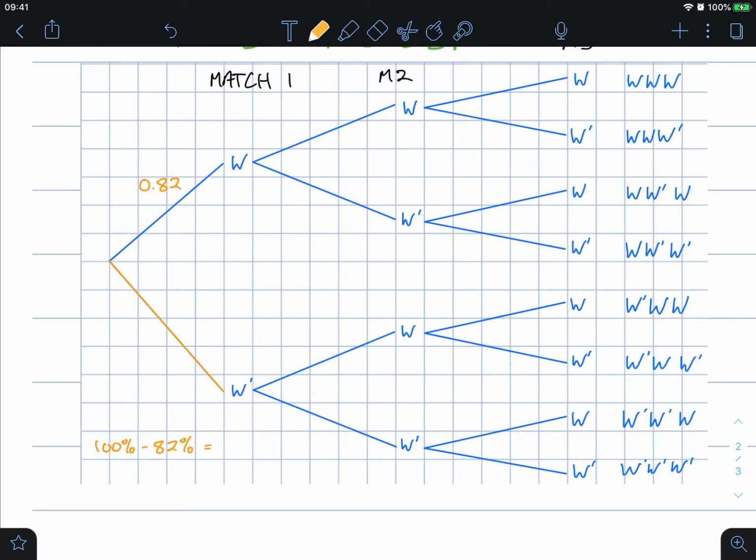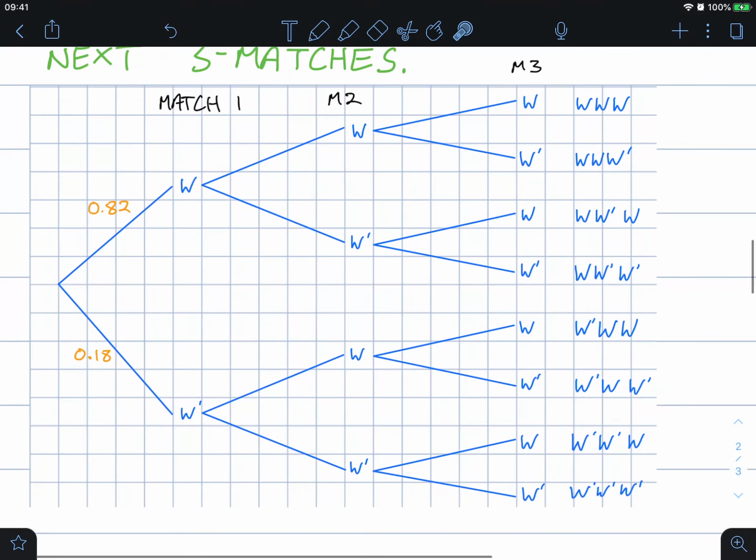So, which is going to be an 18% chance of losing. So in actual fact, this branch to the loss is going to be 0.18. And here's what we meant earlier as well. Each branch must add up to 100% or 1.